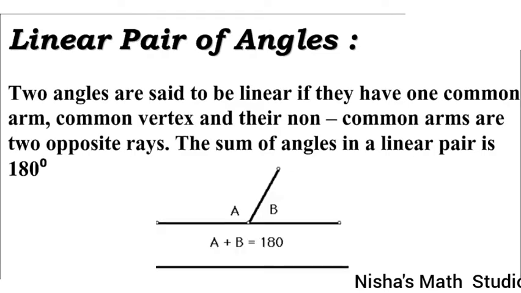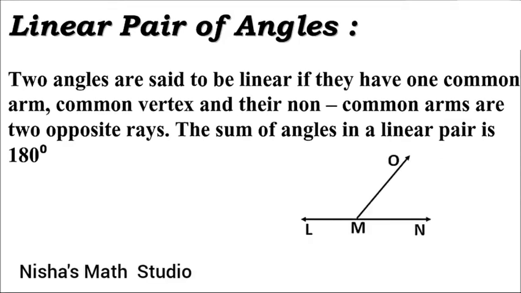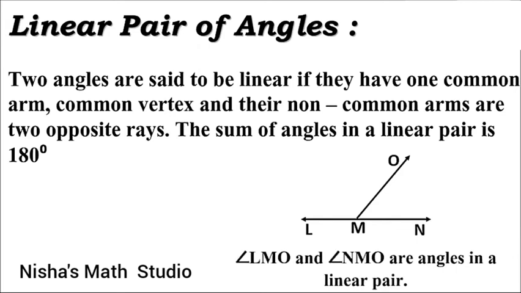2 angles are said to be linear if they have one common arm, a common vertex and their non-common arms are 2 opposite rays. The sum of angles in a linear pair is 180 degree. Look at the angles given here. Angle OML and angle OMN. They are on the same line, isn't it? So these 2 are angles in a linear pair.